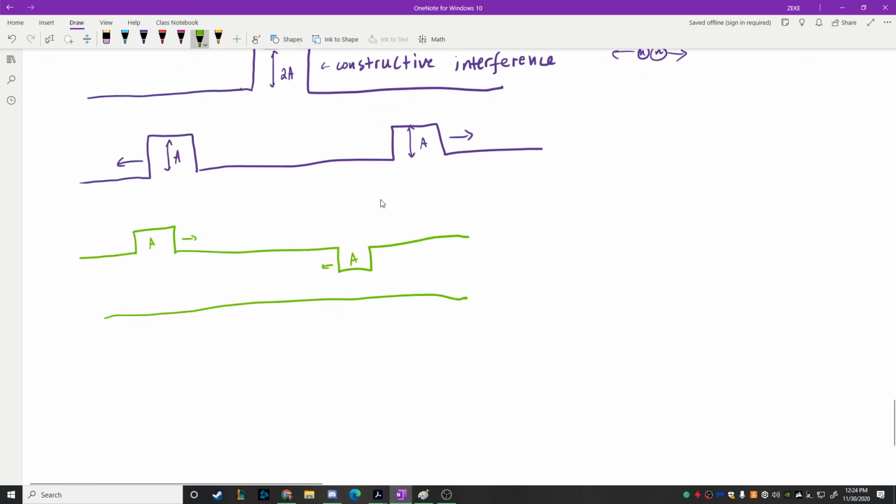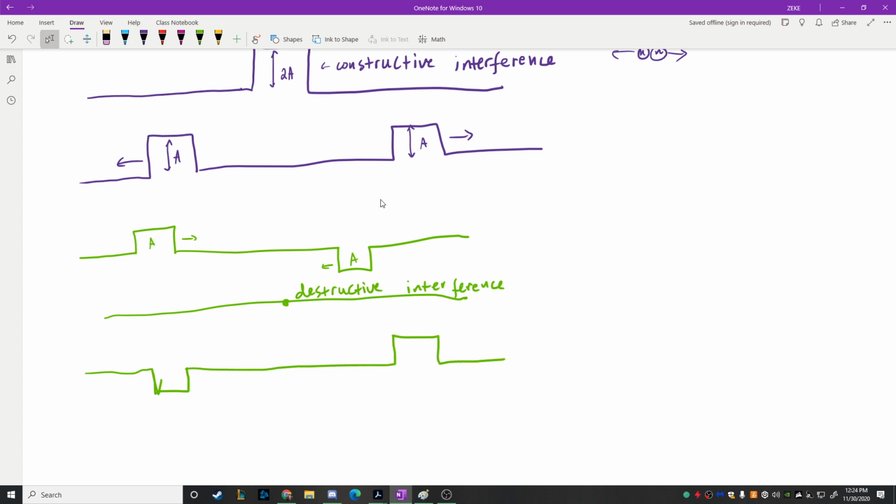When the two waves add together in the middle, we call that destructive interference. And again, after they pass through each other, you're going to have your waves like this now. They've kind of inverted positions, and this one's traveling this way, and this one's traveling this way.